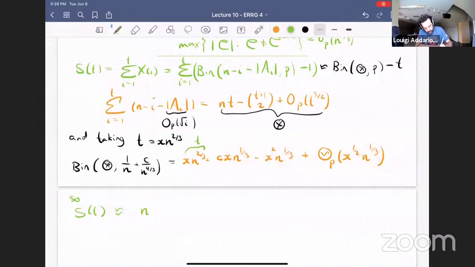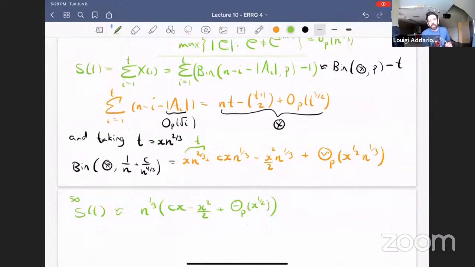So we have something like n to the 3rd, and then cx minus x squared on 2. Sorry, I missed the on 2, didn't I? From this, because there was a t squared on 2 coming from here. x squared on 2, and then plus some randomness on the scale x to the 1/2. Okay.